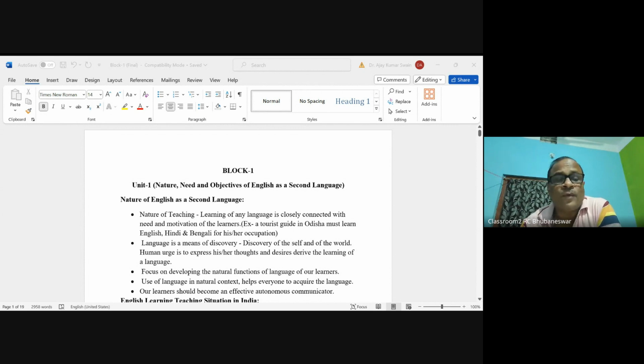So use of language in natural context helps everyone to acquire the language. Natural context means while we are teaching our students English, specifically English, the words and the terms in English should be used in context. Suppose, I just give you one example.